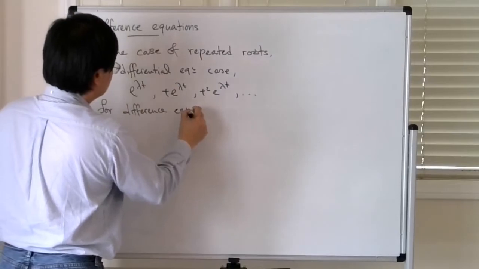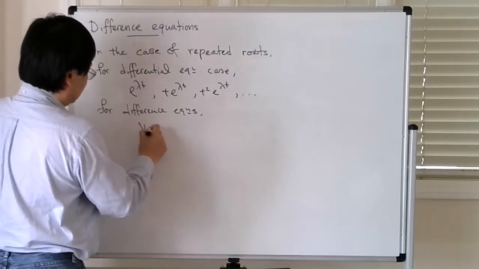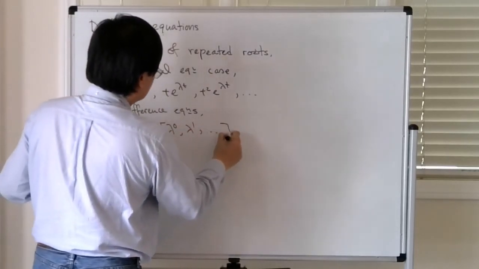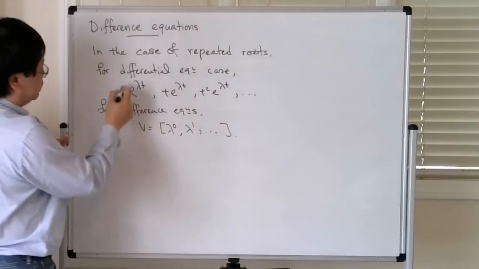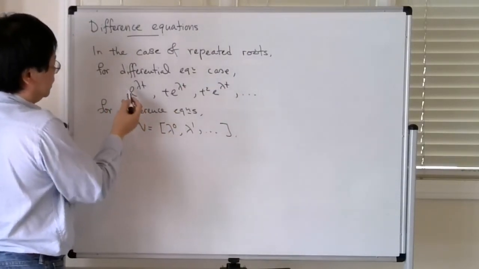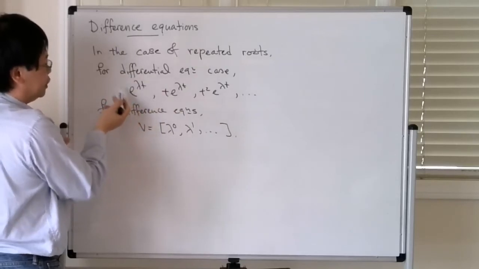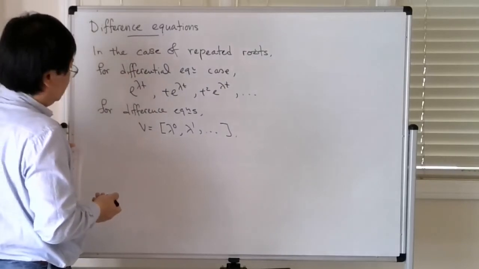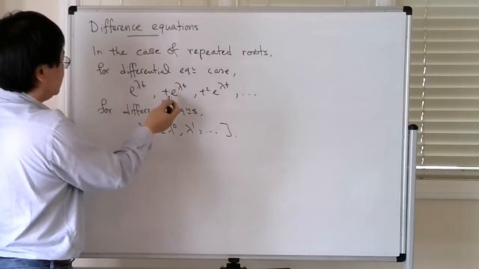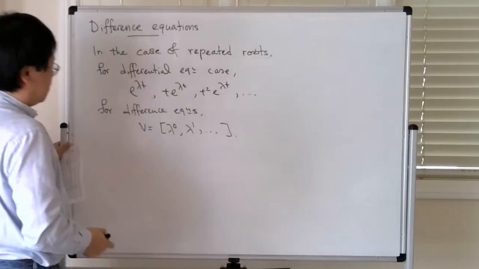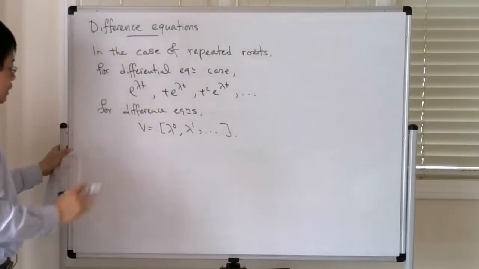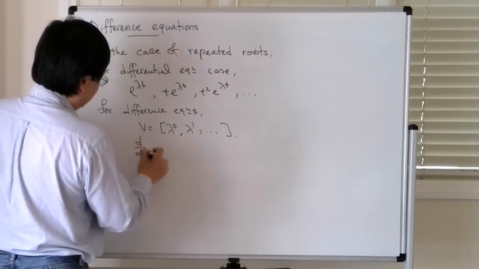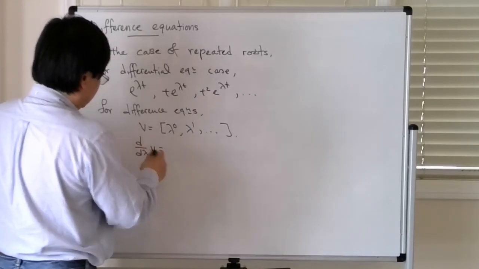So for difference equations, what do you do? You have this eigenvector, if you will, of the form lambda 0, lambda 1, and so on. One way to see where these things come from is that you differentiate the original e to the lambda t with respect to lambda, which is the eigenvalue. If you differentiate e to the lambda t, you get t e to the lambda t, and so on, up to constants, which don't matter so much. So you do something similar: you take v and differentiate with respect to lambda.